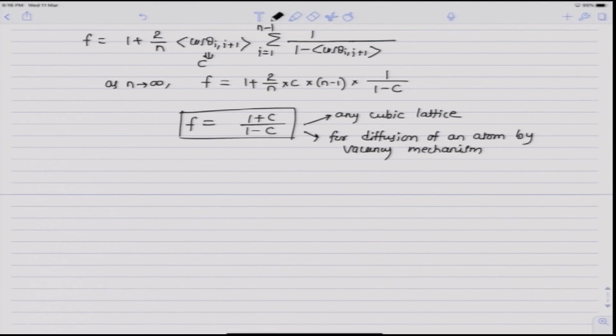So, the correlation factor depends upon two factors: the geometry, which is given by the crystal structure here, and the mechanism of diffusion. In this case, this is for diffusion of atom by vacancy mechanism. So, for example, in cubic lattice, if the diffusion is occurring by interstitialcy mechanism, in which the atom diffuses by forming self interstitials, then the expression for correlation factor will be different.